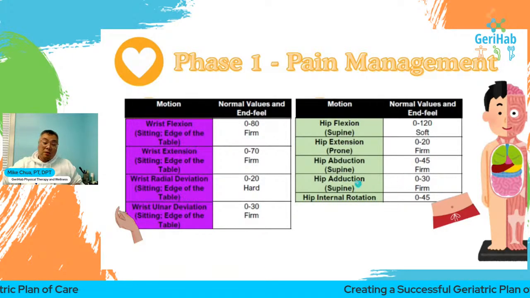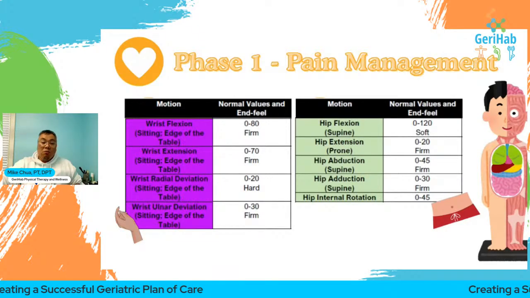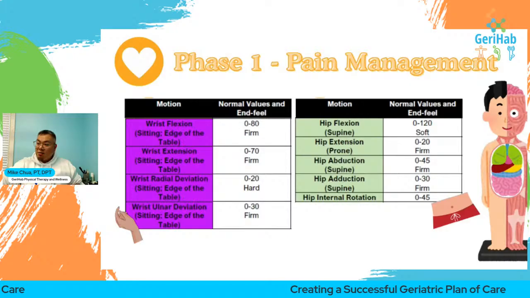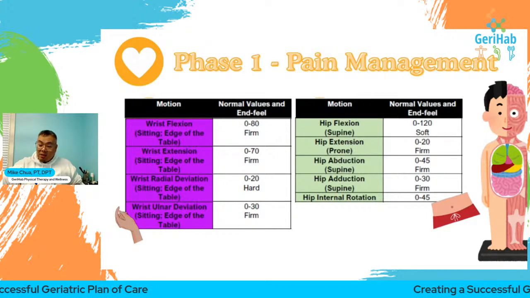Well, most of our patients, their end feels on this hip range of motion testing will be empty. Most of them are shouting when we test them. They're doing straight leg raising. Especially the hip extension in prone, especially when you flex that knee, it stretches the quads very well, and it hurts them.